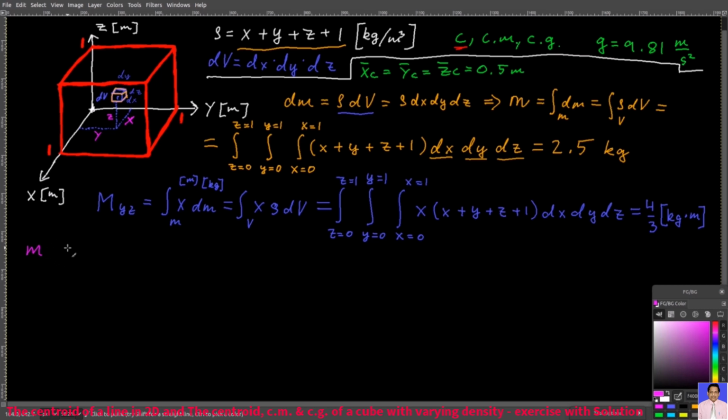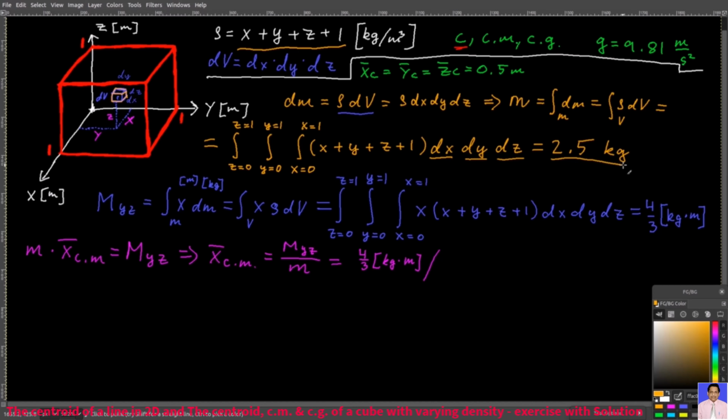Now what we have is this: mass times x bar cm equals MYZ. So x bar cm is MYZ over the mass of the cube. So you have 4 over 3 kilograms times meters over 2.5 kilograms, or in other words, 5 over 2 kilograms.